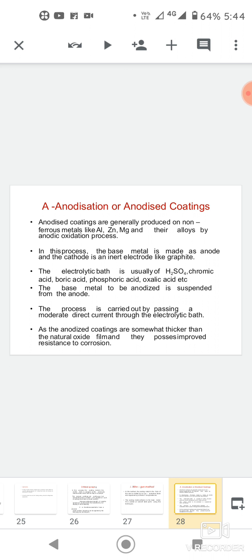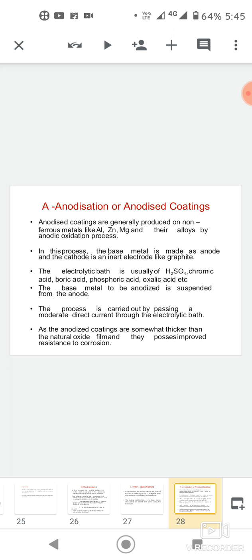The film is produced by an electrochemical reaction. The aluminum workpiece is made the anode, and the cathode is made of either lead or graphite. For anodizing, sulfuric acid is mostly used as the electrolyte, and the process may be carried out with AC or DC.